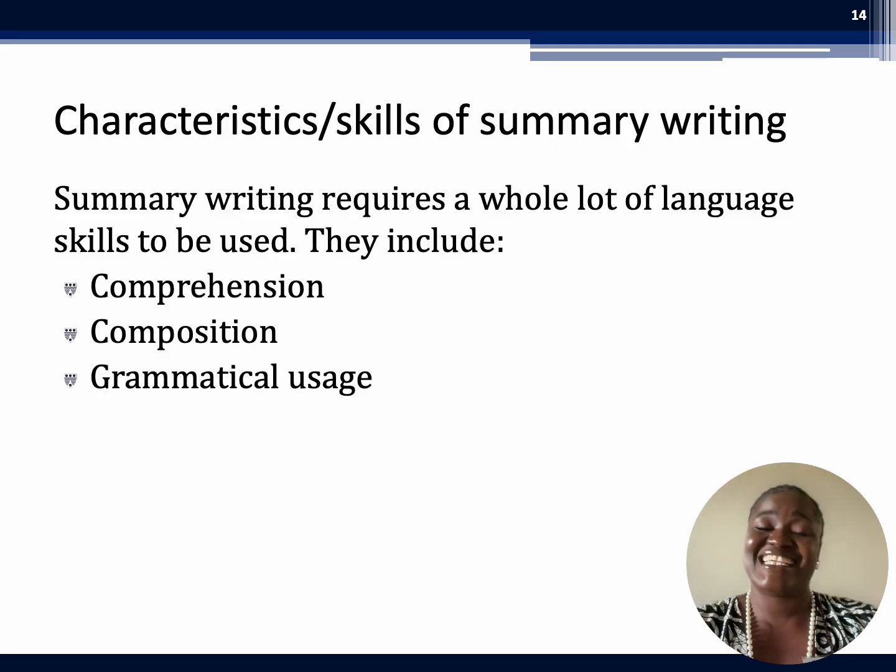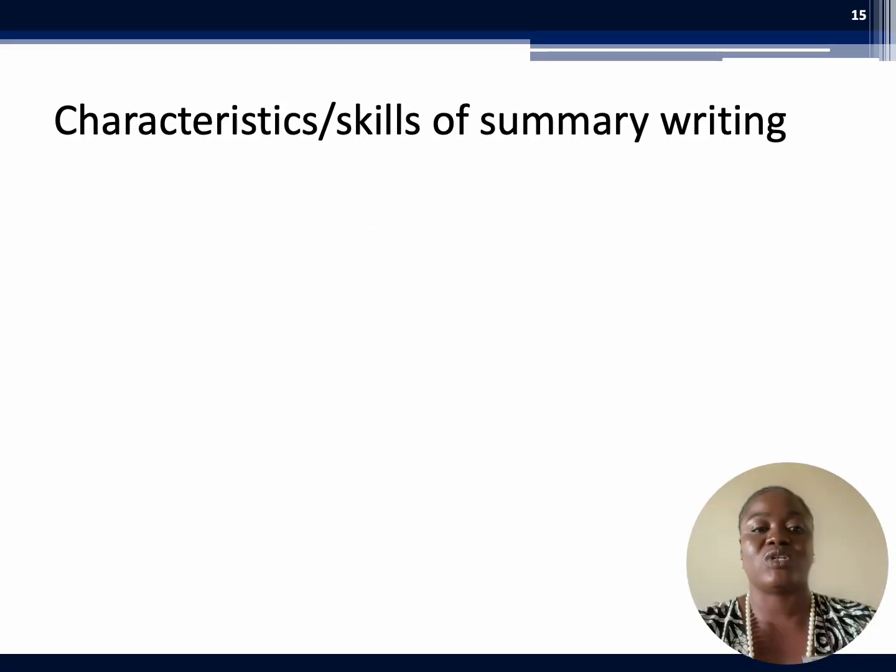Now, that's exactly how summary writing is. For you to do it well, you need to have all of these language skills good in you. And so, we're going to break them down one after the other.